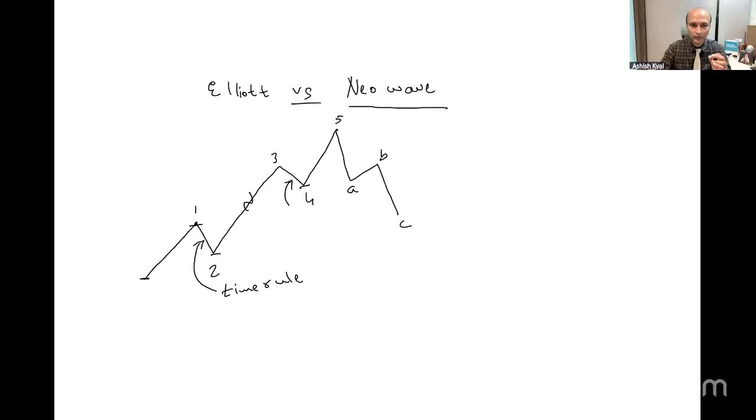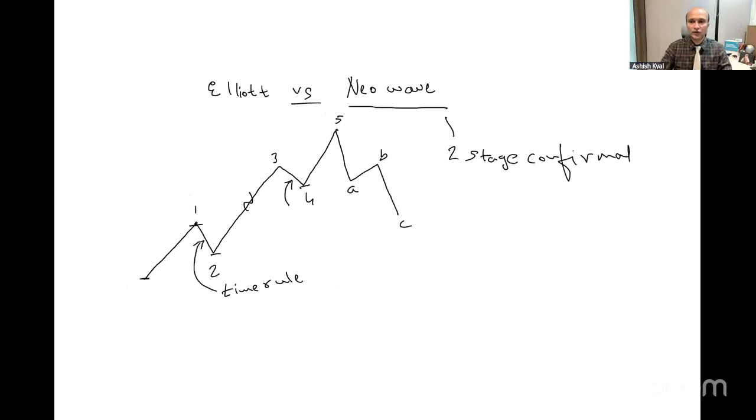Again, a time rule. How do we know that a low is formed significantly? There is a concept in NeoWave which is known as a two-stage confirmation. Two-stage confirmation method.